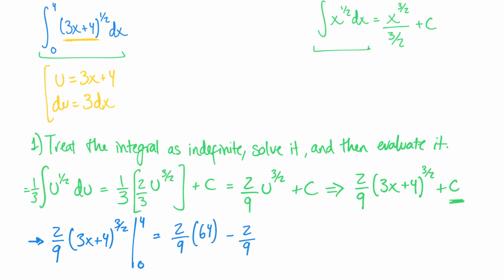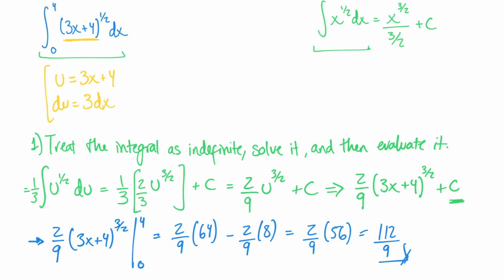Minus 2 over 9 times, square root of 4 is 2, to the power of 3 is 8. So then I have 2 over 9 times 56. 56 is not divisible by 9, so this is just going to be 112 divided by 9.